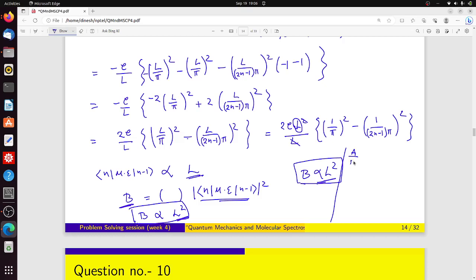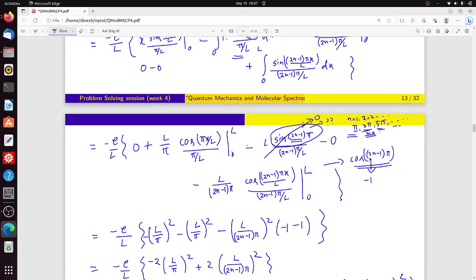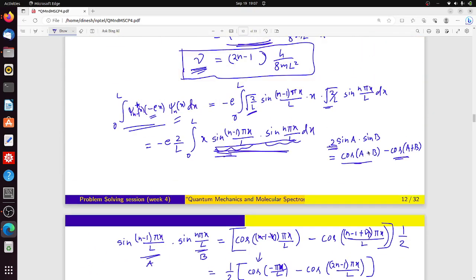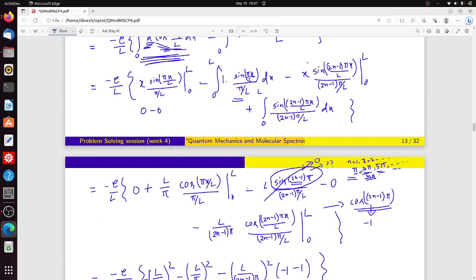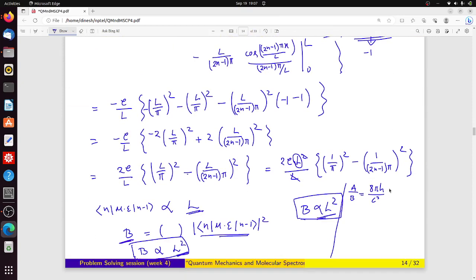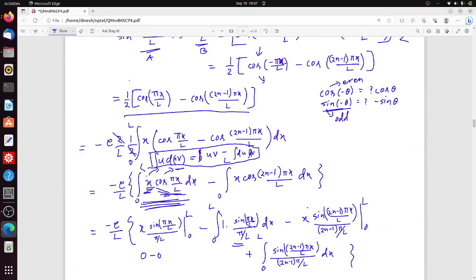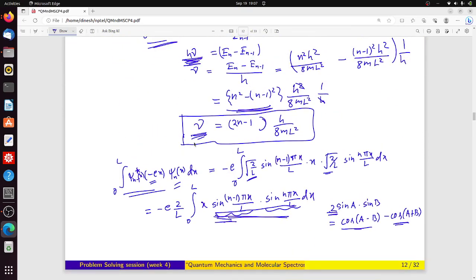A by B equals 8 pi h over c cubed times nu cubed, right? So these are all constants. Let's take it to be k. The nu value we got from here depends on L square also.